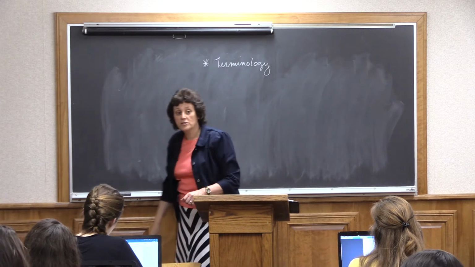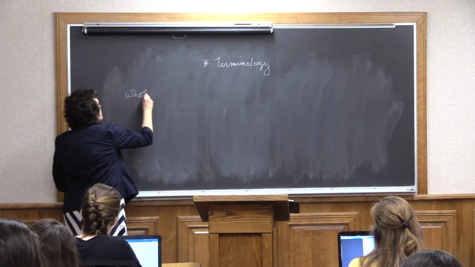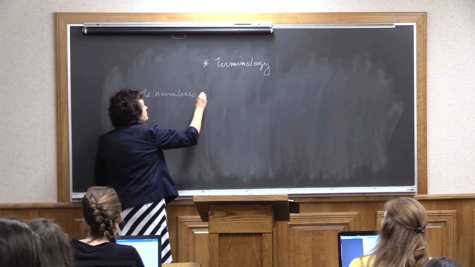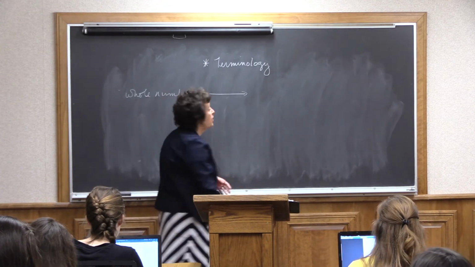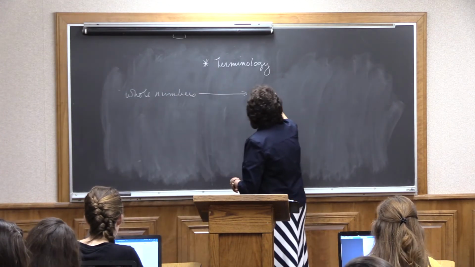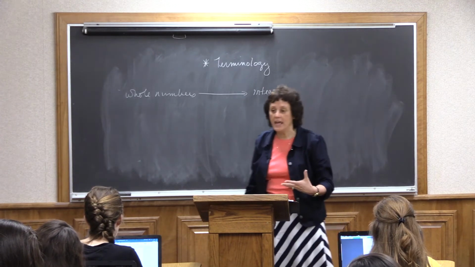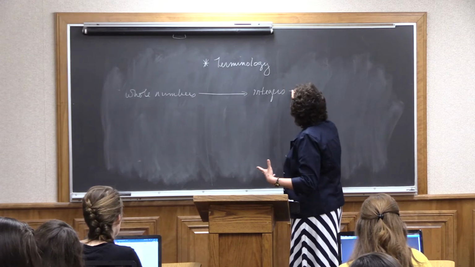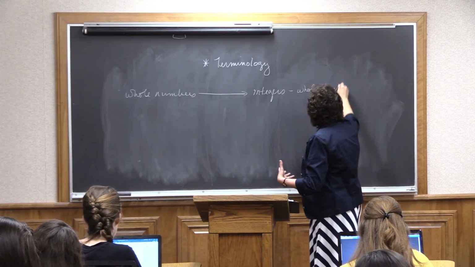All right, so now we have to transition from the idea of whole numbers to what? Integers. What are integers? Integers include now the negative numbers. An integer is defined as all the whole numbers and their opposites.